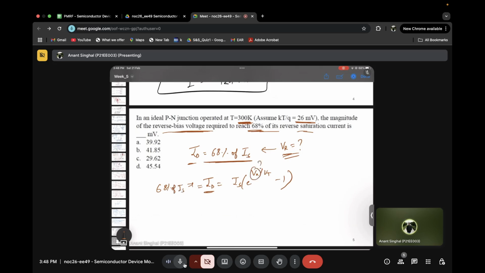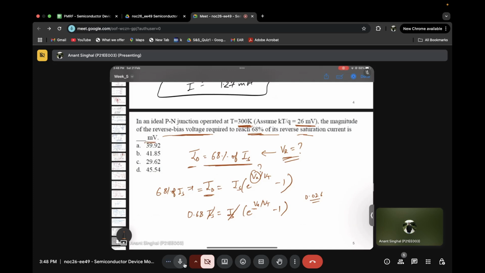So this would be 0.68 Is equals Is times exponential of Va over Vt minus 1. So Is you can cancel and you can calculate the Va. Vt is 0.026. So that Va will be the answer, in millivolts. Quickly do the calculations and let me know the answer.